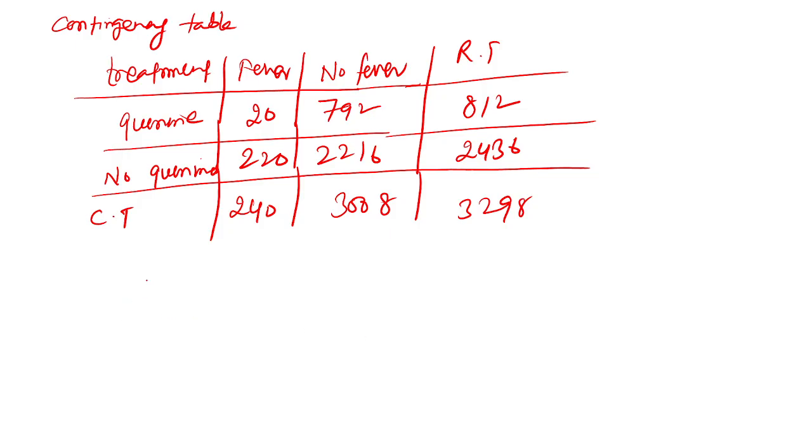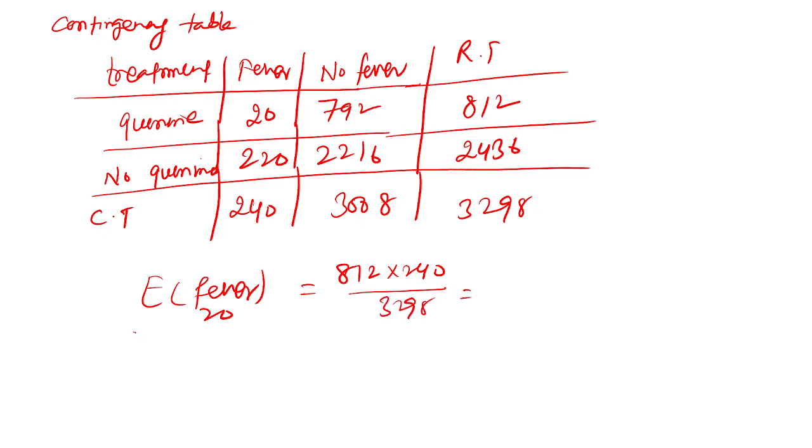So can we calculate the expected frequency for fever? Like 20: 812 into 240 upon 3298. Then 792 will become 812 into 3008 upon 3298.